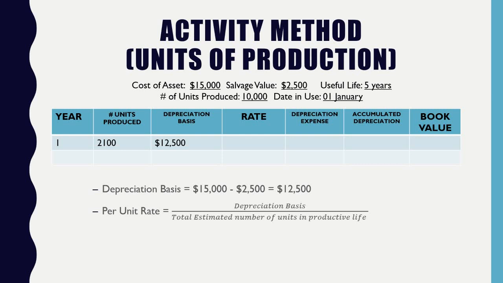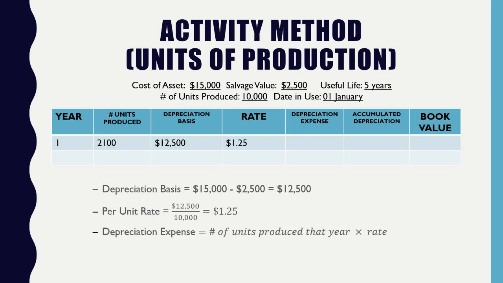My depreciation basis is 12,500, and the total number of units that it could produce is 10,000. That's my capacity. It's important that you understand it that way. My capacity is that it can produce a total amount of 10,000 units. So what is 12,500 divided by 10,000? 1.25.